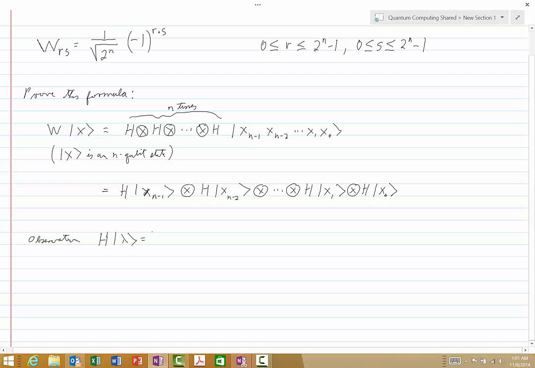Well, if lambda is equal to 0, we know that H of 0 is 1 over the square root of 2 times 0 plus 1 over square root of 2 times 1. And this is if lambda equals 0. And on the other hand, if lambda is equal to 1, we get 1 over the square root of 2 times 0 minus 1 over square root of 2 times 1.